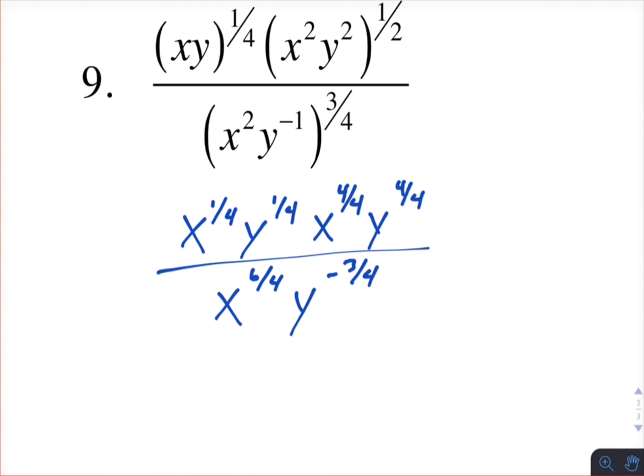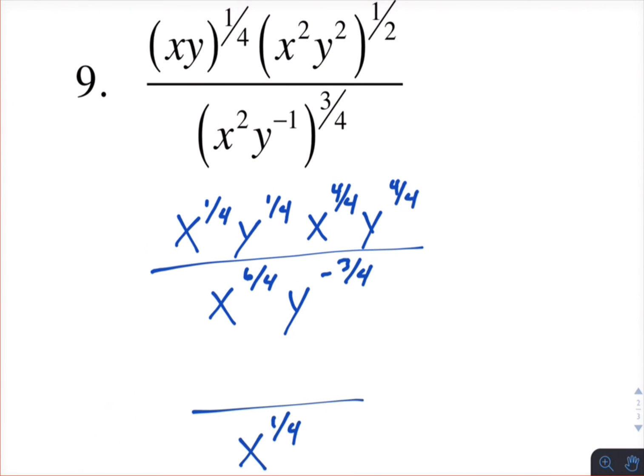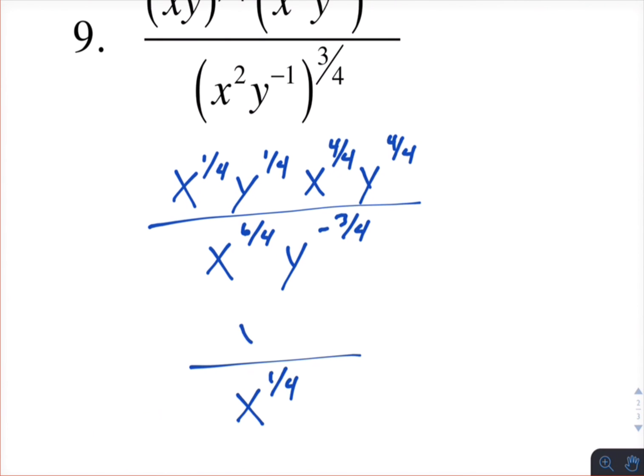So I have x to the 1/4 times x to the 4/4 is x to the 5/4 up top with an x to the 6/4 in the bottom. So that's going to leave us an x to the 1/4 in the bottom. I've got y to the 1/4, y to the 4/4, that's y to the 5/4, and the negative 3/4 will come up, giving us a total of y to the 8/4, which we can just write as y squared.